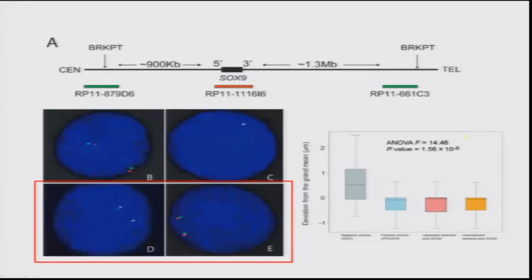So, what they have shown here is that these are the regions, this region and this region, where the breakpoint took place, the chromosome got translocated, and it led to possibly affecting the function of the SOX9 gene here.